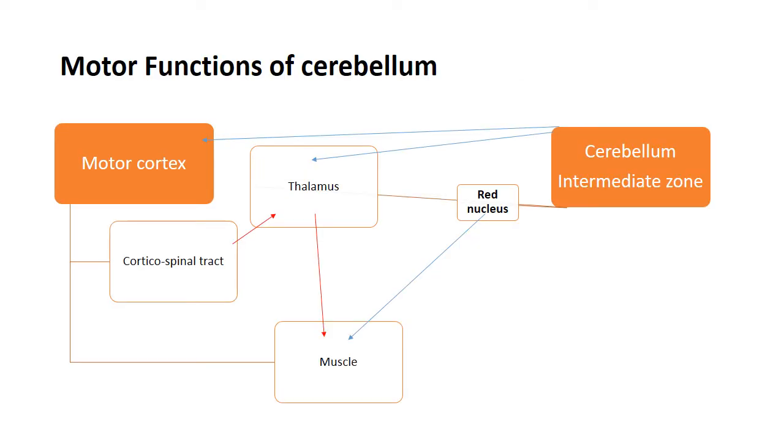We must know the function of the cerebellum. Impulses reach the thalamus, then go to the muscle. The red nucleus again reaches the muscle via the corticospinal tract, while the thalamus again reaches the muscle.